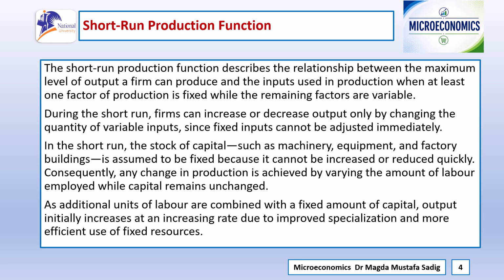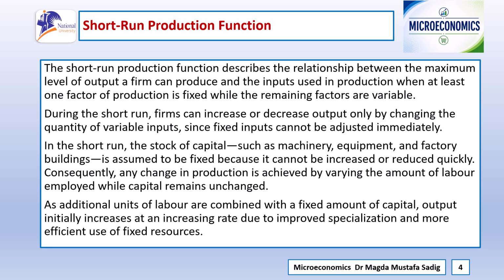Now, let us move to the short run production function. In economics, the short run is a period during which at least one input used in the production is kept constant or is fixed.